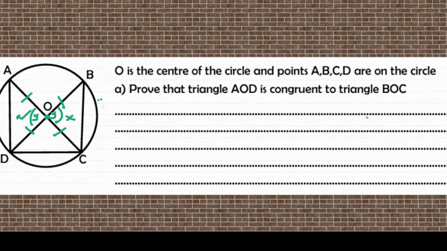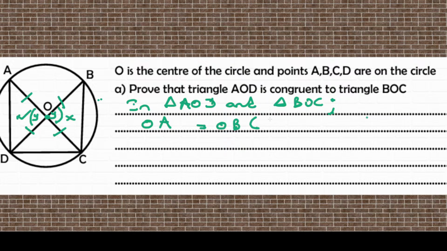So let's say in triangle AOD and triangle BOC. All right, what's the first thing we found? We figured out that, let's start from the center end, OA is equal to OB. Why?